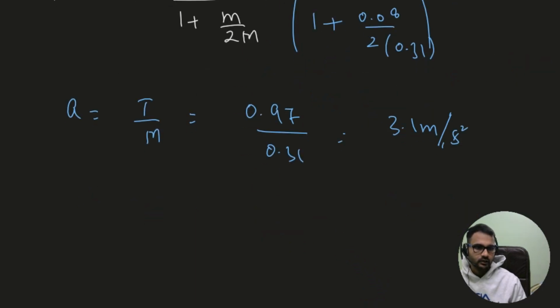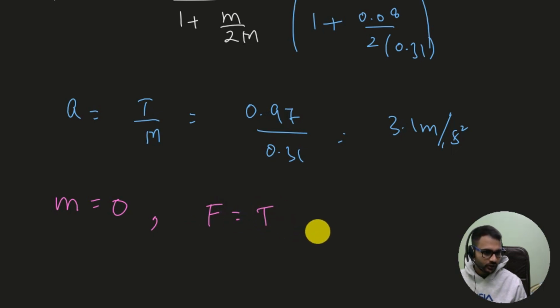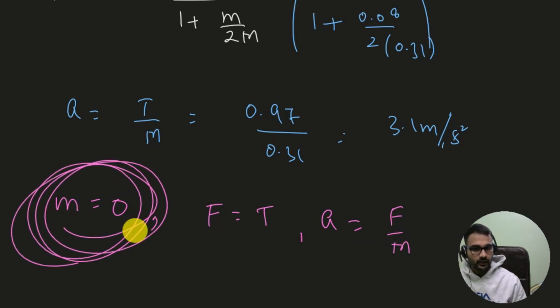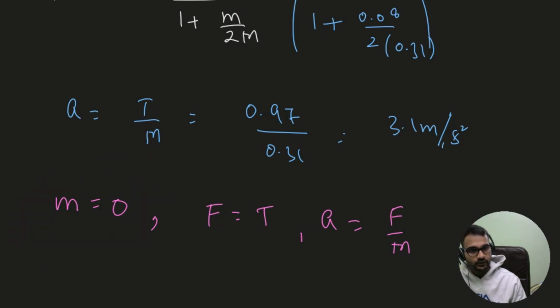And here we observe one case that if the mass of the pulley is 0, and in some cases we don't take the mass of the pulley, in that case this force applied would be equal to the tension T, and acceleration A would be equal to F over M. But because the mass of the pulley is not negligible, it will resist any rotation, and due to this the acceleration will be less, which is equal to this.